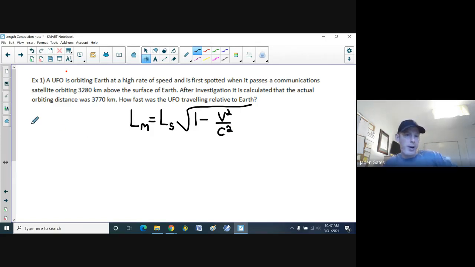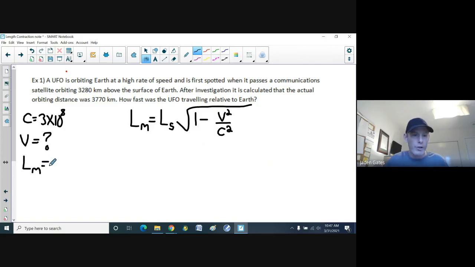Now, c is the speed of light, so that's 3 times 10 to the power of 8 meters per second. That isn't changing. V is what we want to know, how fast this UFO was traveling. A couple weeks ago, one just flew over an airliner, actually. Kind of crazy.